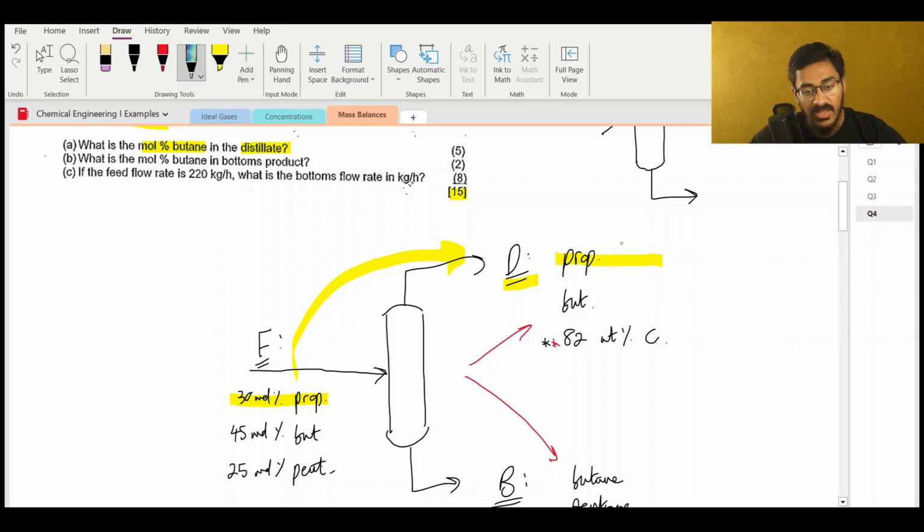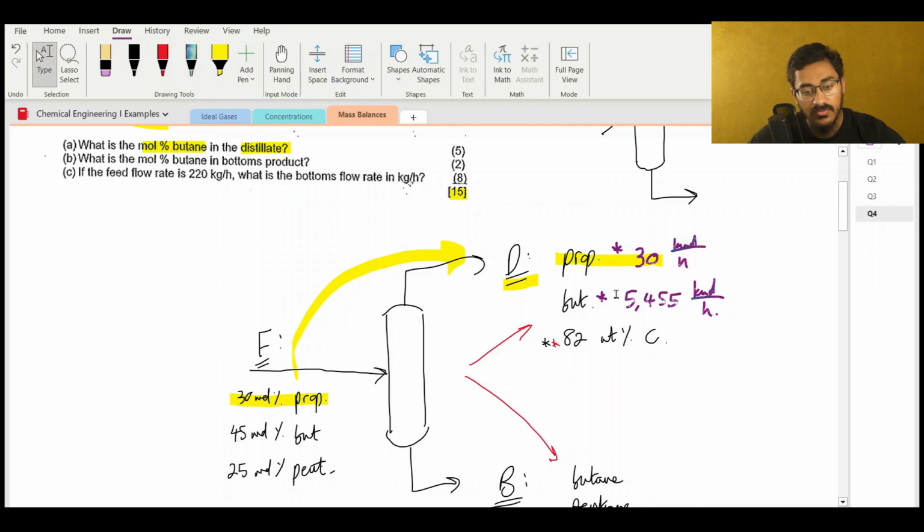I know that the number of moles of propane was 30 kilomoles per hour. And I know that the number of moles of butane came out to be 5.455 kilomoles per hour.